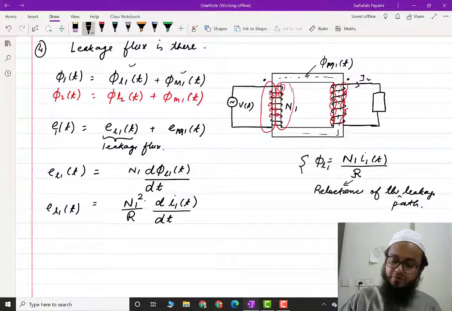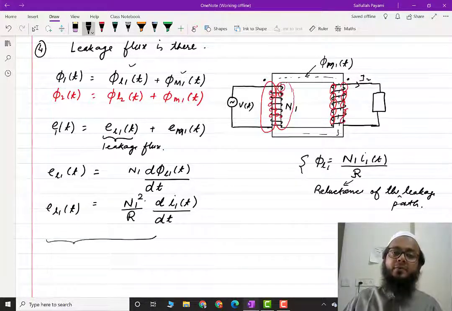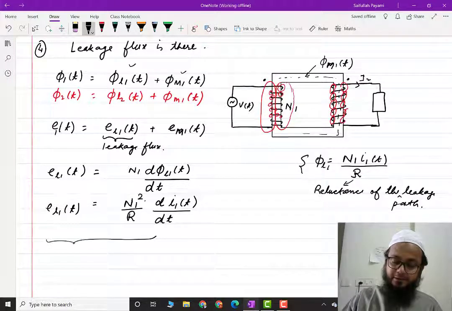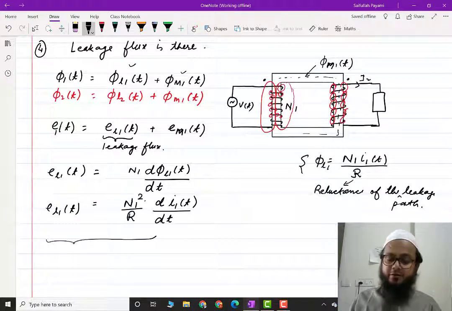So if you compare it, you can see that this expression N1 whole square by R is actually the self inductance of the primary winding.